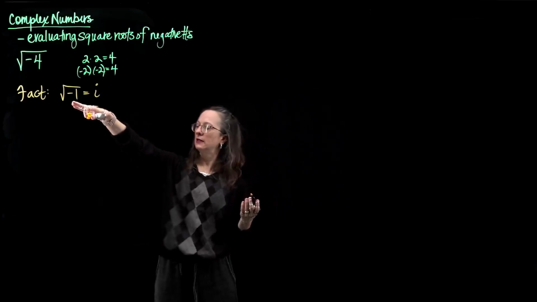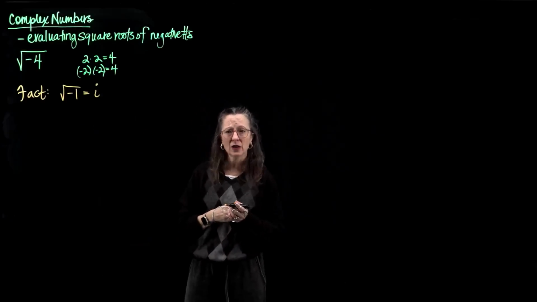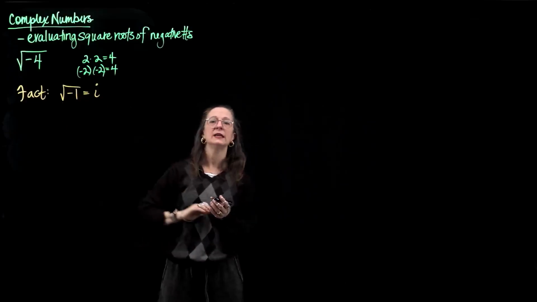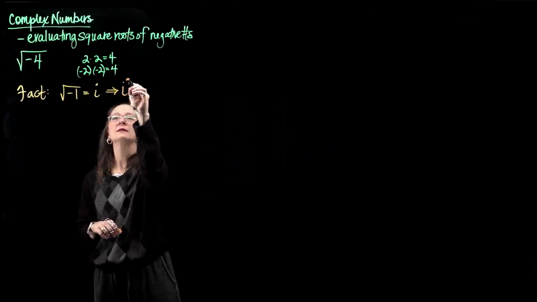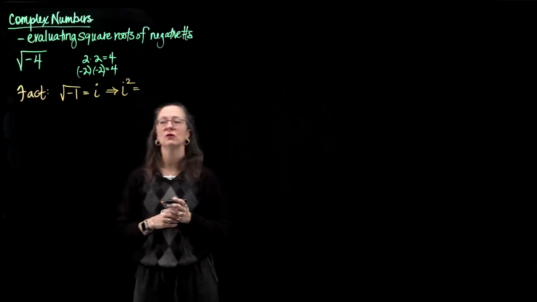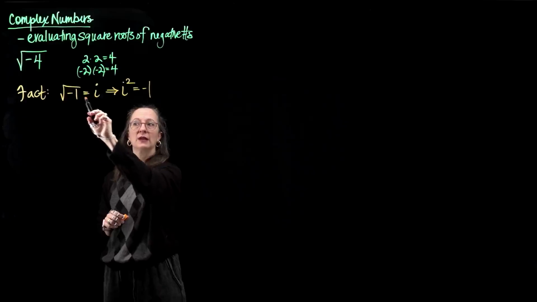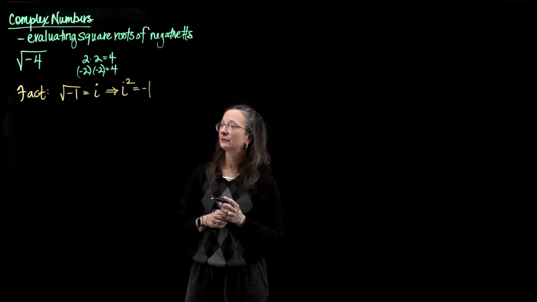And you notice that this tells me about a square root of a negative number. So if the square root of -1 is equal to i, the second thing I know is that i squared is equal to -1. See how I just took both sides of this and squared them to get this fact?